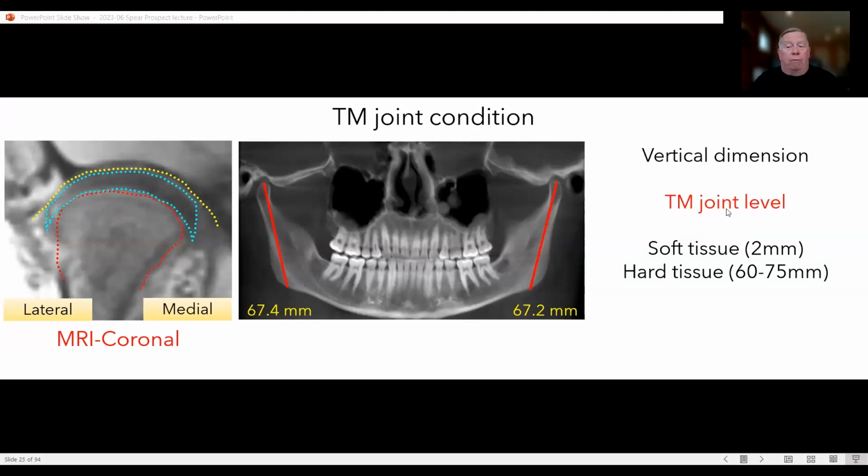At the joint level, vertical dimension is comprised of the disc, which is approximately 2 millimeters. And we've got hard tissue, let's call it ramus length, which is going to have a range of probably anywhere from 60 to 75 millimeters. So that's going to be the vertical dimension that we're going to be looking at in terms of the joint level.